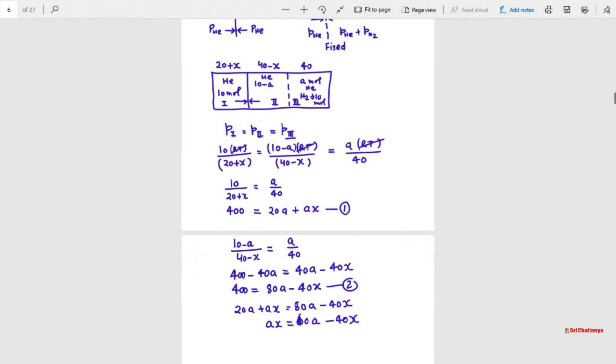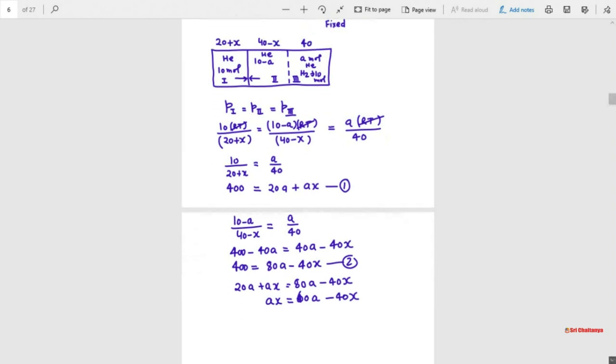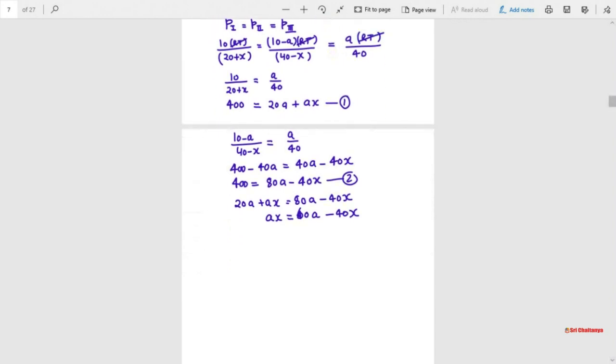Now, let me write the third equation also. It will be easier if we write the third equation. So using the first and second relation, I can write that 10 upon 20 plus x is equal to 10 minus A upon 40 minus x.